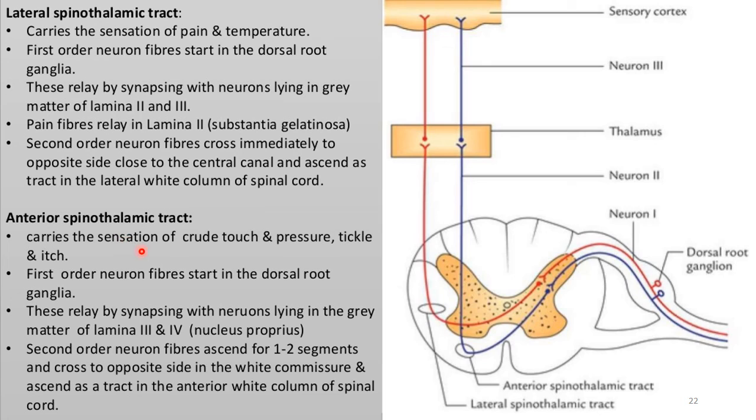Anterior spinothalamic tract carries the sensation of crude touch, pressure, tickle and itch. They relay in lamina 3rd and 4th. They ascend for 1 or 2 segments and then cross to the opposite side.